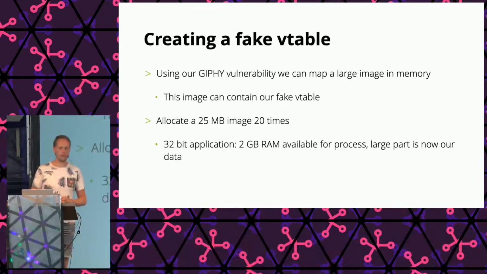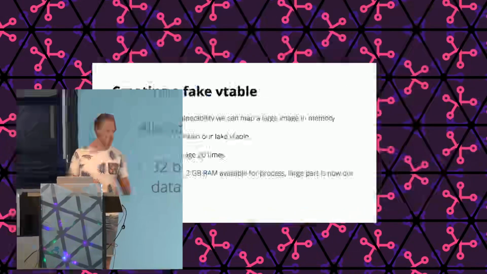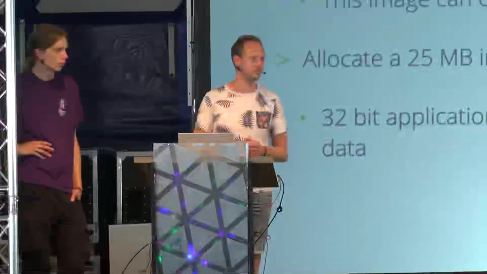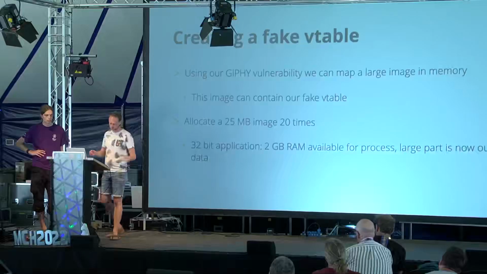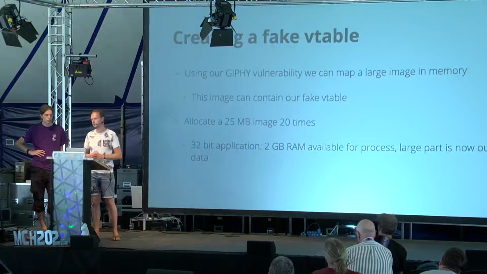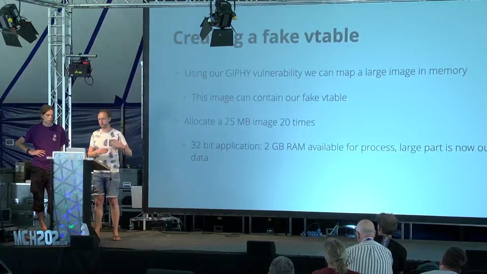So we would first send this Giphy link to the other party, and then we would call the other party, request them in a meeting, and then we would overwrite the vtable pointer that would point to the close function. This is how we actually could hijack the control flow.